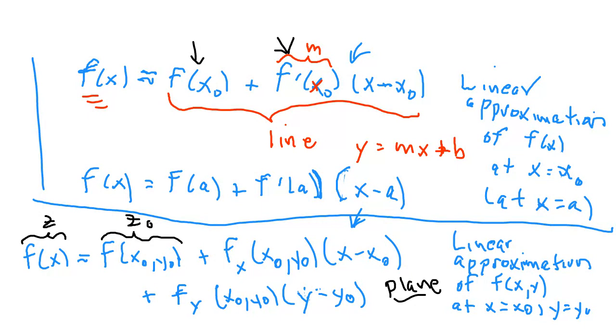I have one thing wrong here. This should be f of x comma y. All right, so we could also write out, if we wanted to use a and b instead of x and y, we could.